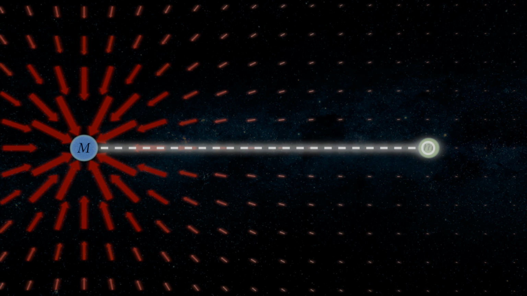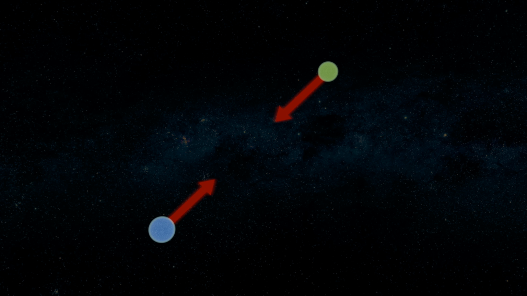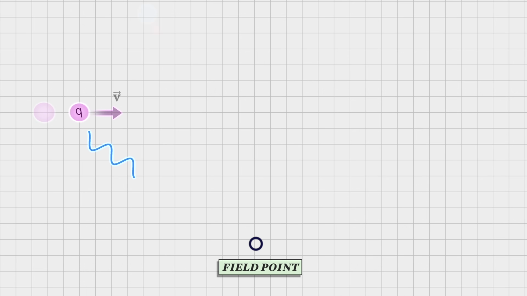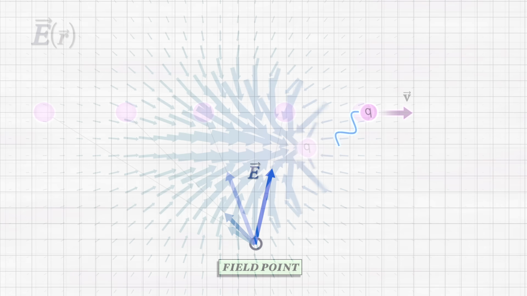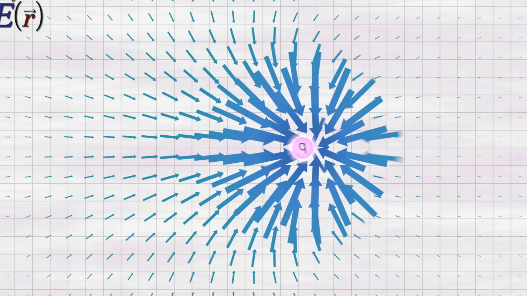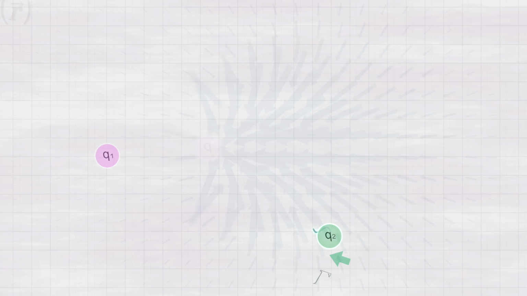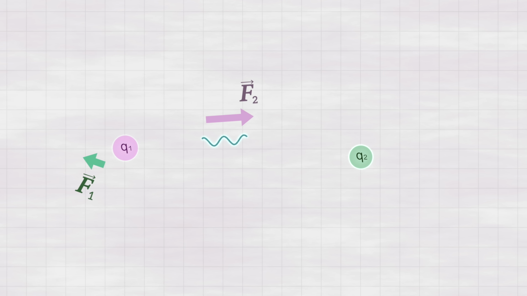So bodies separated by such distances can act and react upon one another without issue. But in electromagnetism, information and energy are transmitted in a local, retarded fashion, via disturbances in the fields themselves. Hence, the action of one body isn't simultaneously compensated by the reaction of another body.